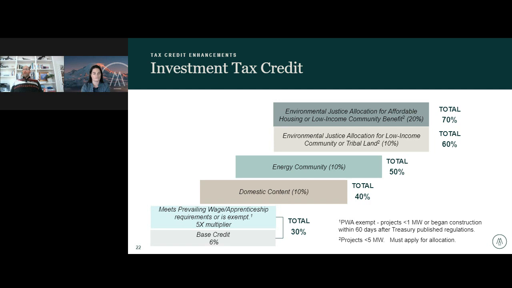The environmental justice allocation is for projects that are under 5 megawatts in size. Only those projects that are under 5 megawatts can qualify for the environmental justice allocation.